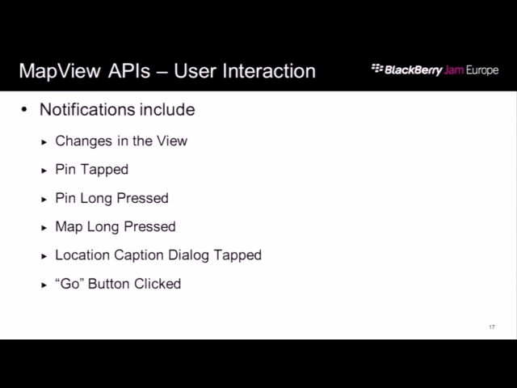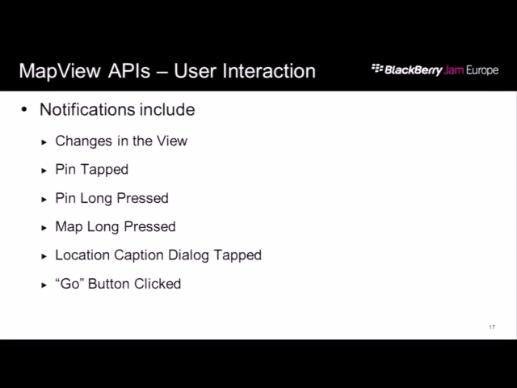Like I said before, all the user interactions are dealt with, but we do notify the parent application if you wish to enhance it. So, for example, tapping on the pin, we'll deal with that for you. Tapping on the caption dialog will send a signal to you. We won't interpret it for you. It's up to you to add the additional information associated with it. So in my example, I said that if you tap on the location caption, I'm going to go to the browser and then go to a specific location.